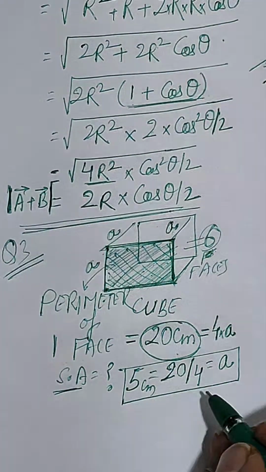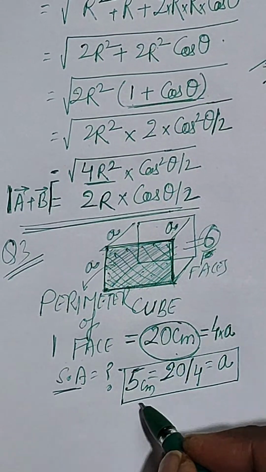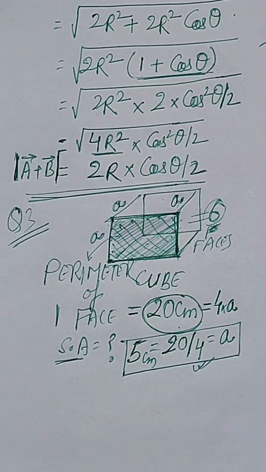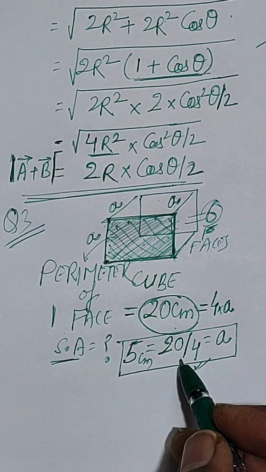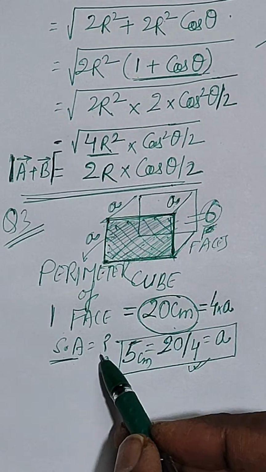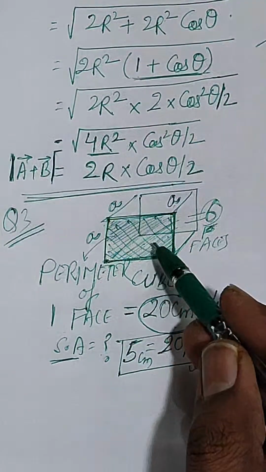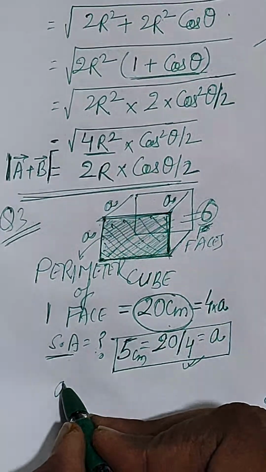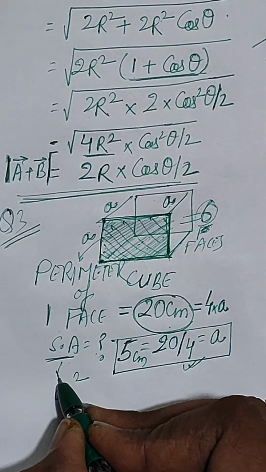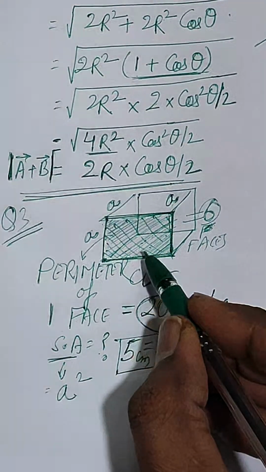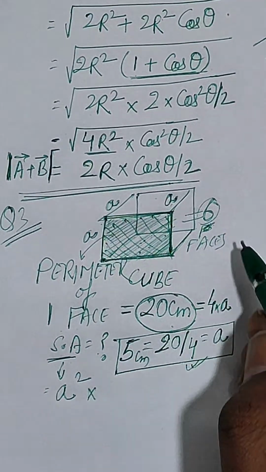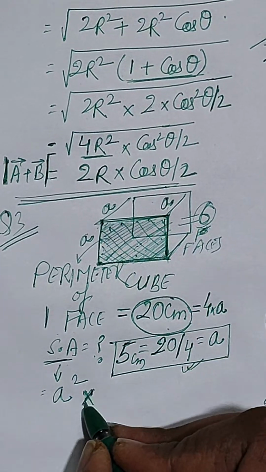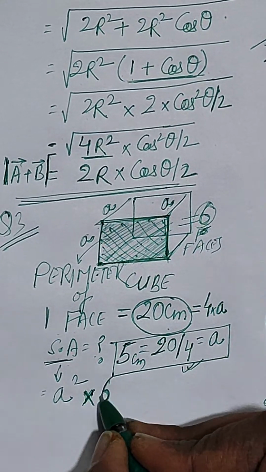So if this is 5 centimeter, it has been asked what is the surface area. The surface area of one face is a square, and there are such 6 faces. So multiply this with 6, right?